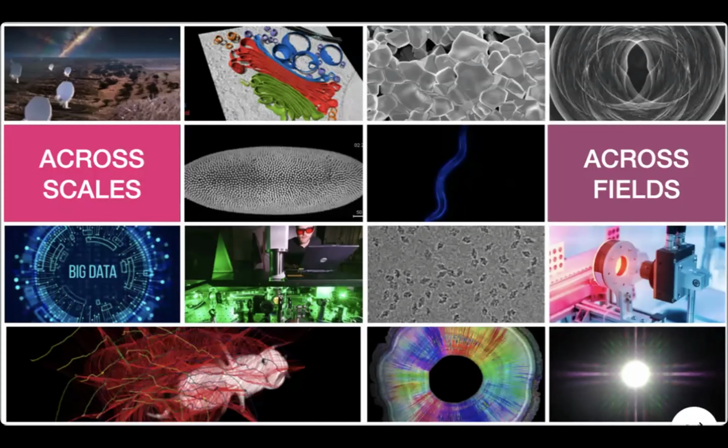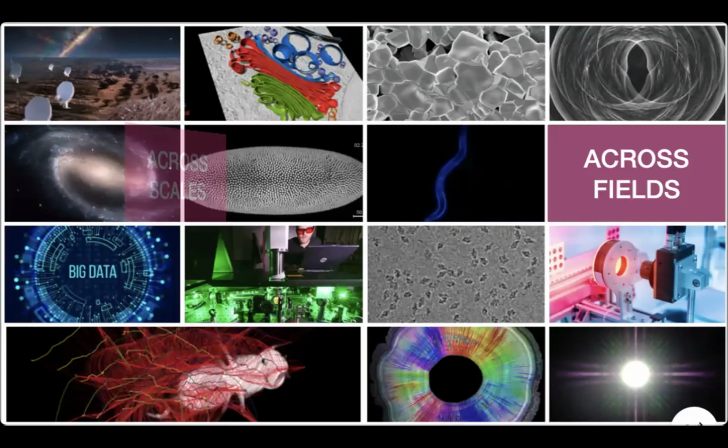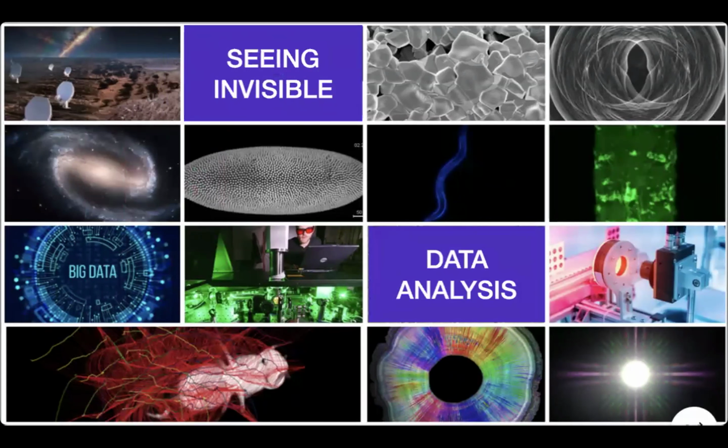So everything is embedded in images. Image analysis is across the scales and across the fields. You have here many examples of images at different scales and fields. And at the end, obviously, what we want to do is to see something which is probably invisible and to make quantitative data analysis.